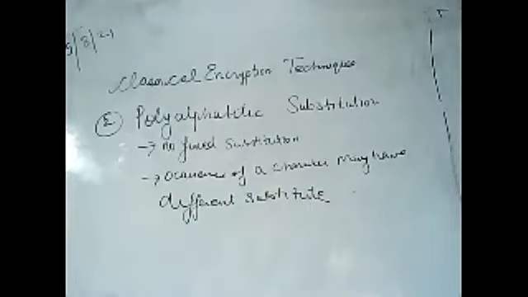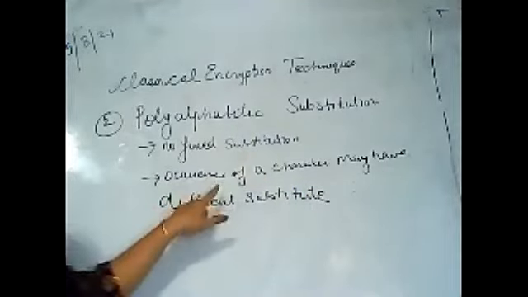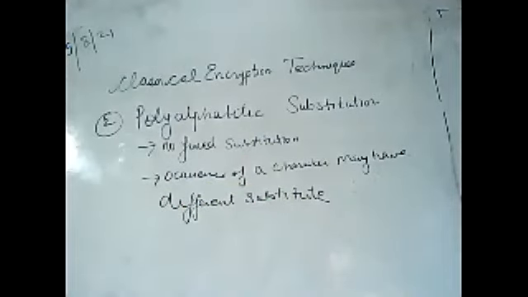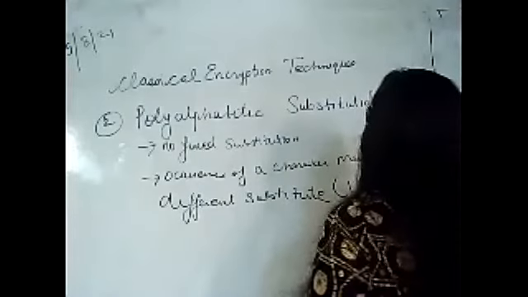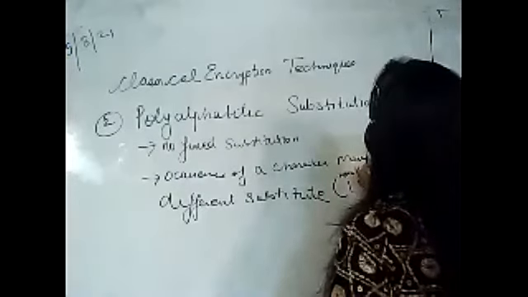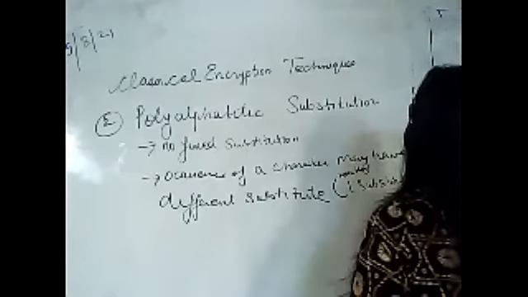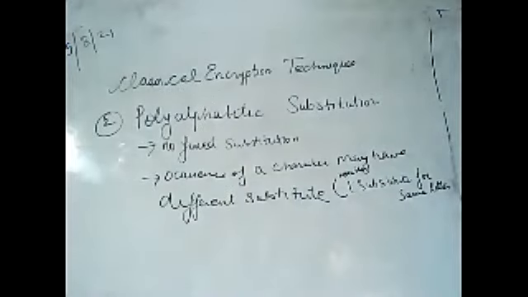Okay, so we can write like this: no fixed substitution is there, and the occurrence of a particular character may have different substitutes. That is, we can have more than one substitute for the same letter. Okay, more than one substitute for the same letter.